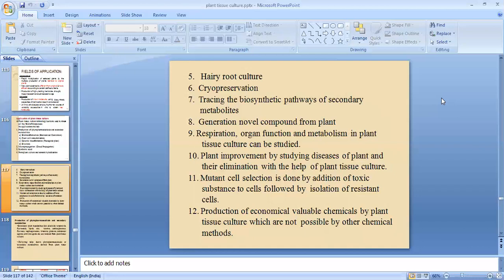Also production of highly economically valuable substances can be done, for components where there are no other chemical methods for their synthesis. So that's how it is highly valuable in production of economically valuable compounds. These are the various applications I have listed, around 12 applications of plant tissue culture.